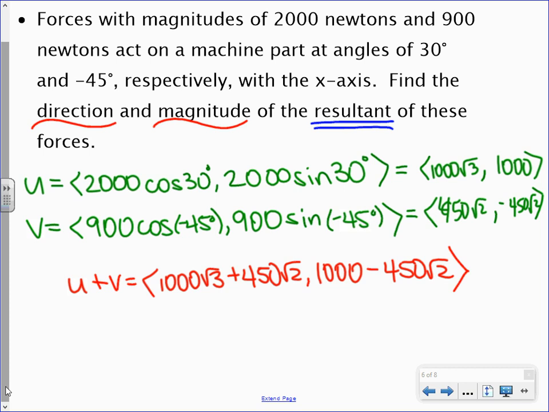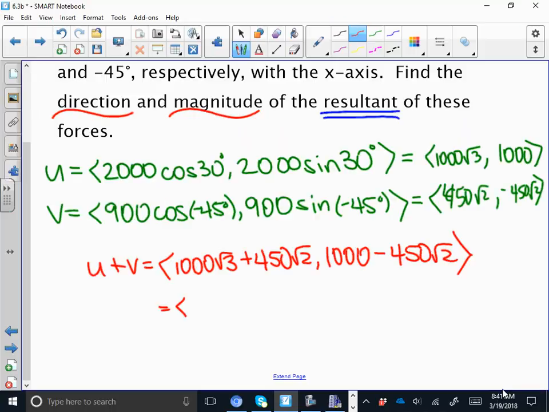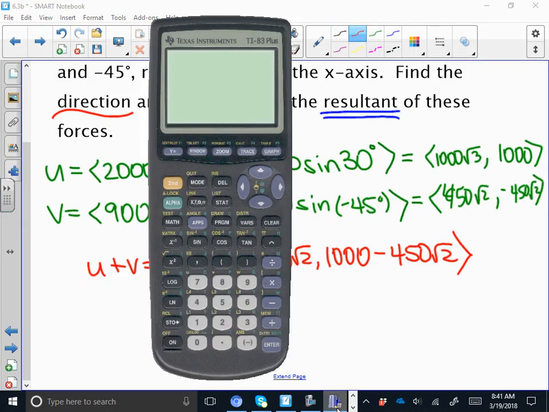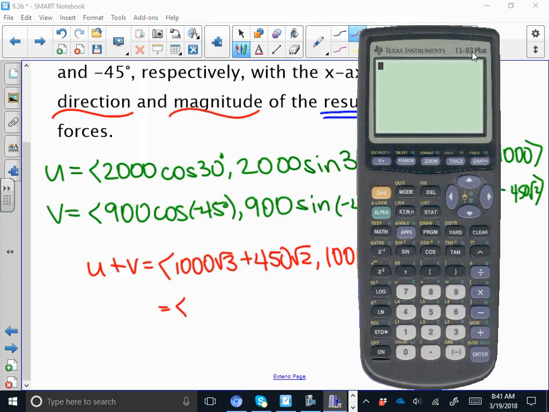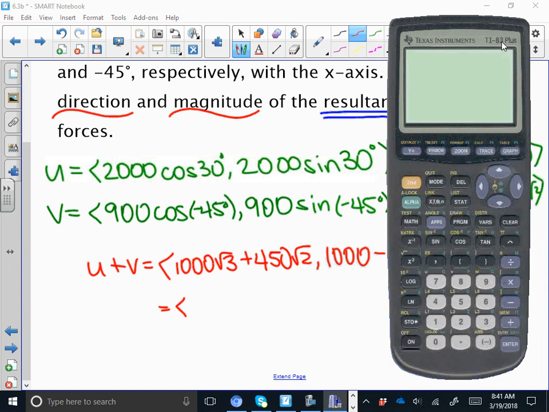So what I'm going to have you do is in your calculator, I want to show you a trick on your calculator. You like learning new tricks, right? I may have shown you this trick before. I honestly can't remember.